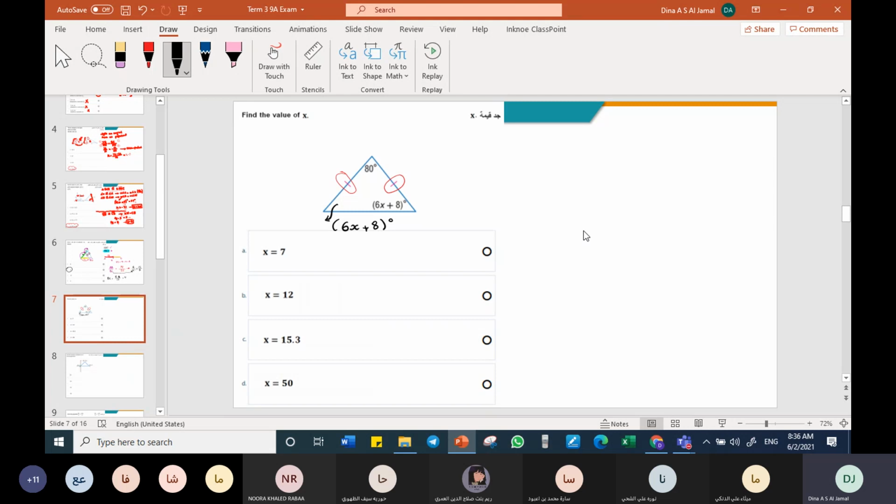Now let me ask you, what is the summation of angles inside any triangle? If you added all the angles inside a triangle, what will be the measure?